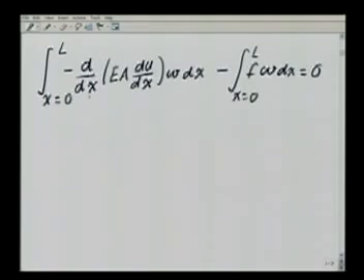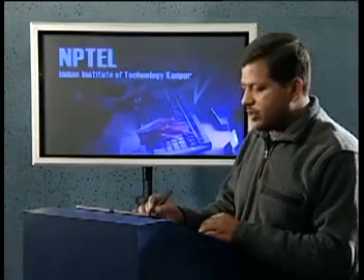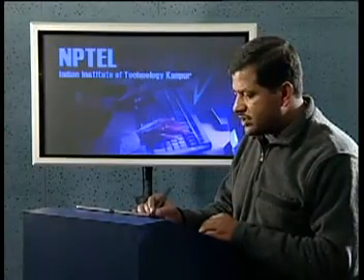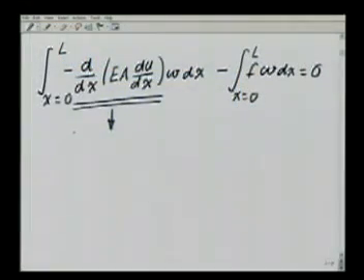Now if you see, in this term the second derivative of u is sitting. So what we would like to do is pass one of the derivatives from u to w. That is, we are going to do an integration by parts for this term. So I integrate this term by parts.